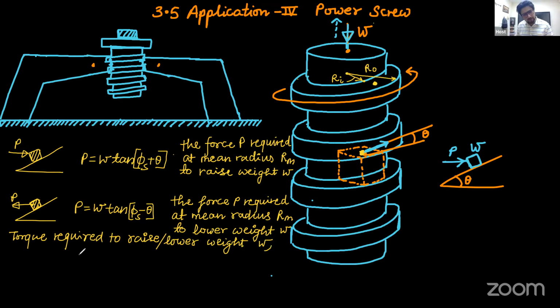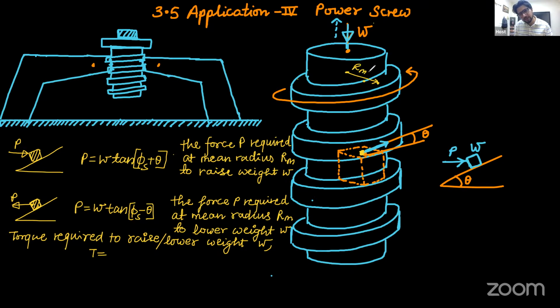That will be P multiplied by Rm, because you are assuming the whole weight to be concentrated at the mean radius.